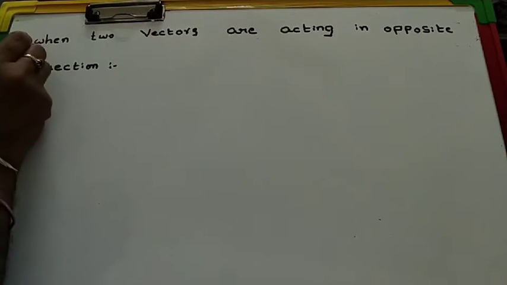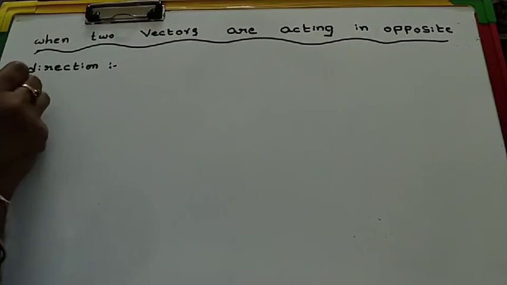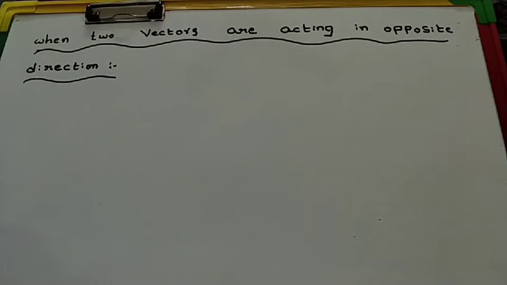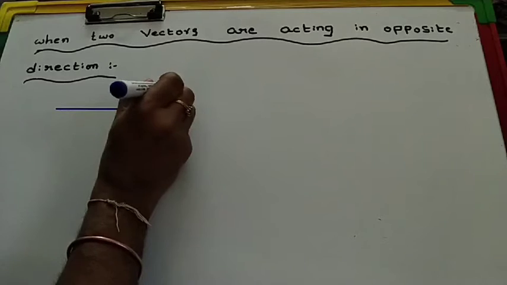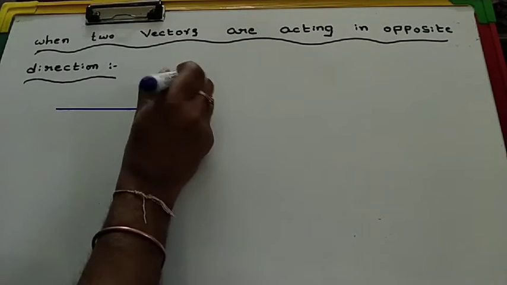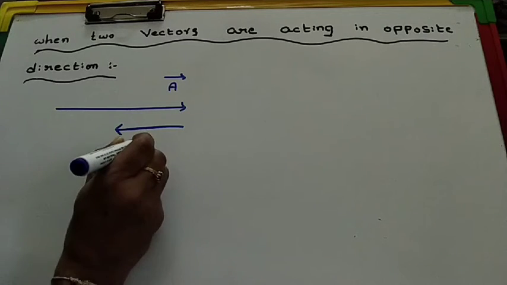This is the concept. Once again, when two vectors are acting in opposite direction, what will happen? Now go for discussion. Now take a vector. This is vector A. Now take another vector. This is B.